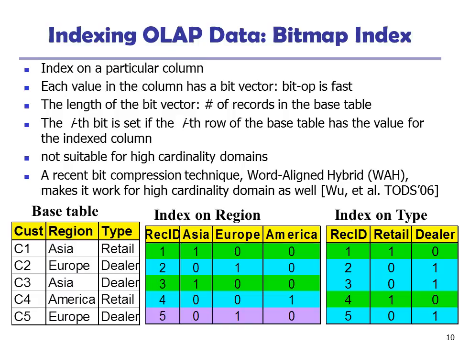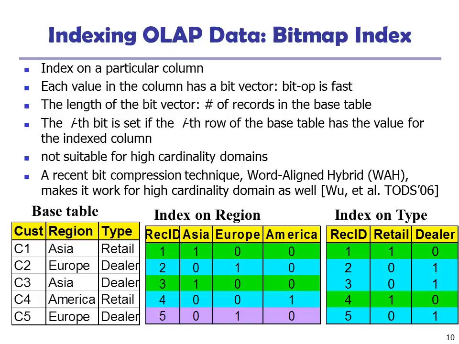So let's look at what it means. Let's say you have a base table with customer ID C1 to C5, and you have a column called region, another column called type. The different values that the region can take are, let's say, Asia, Europe, and America.